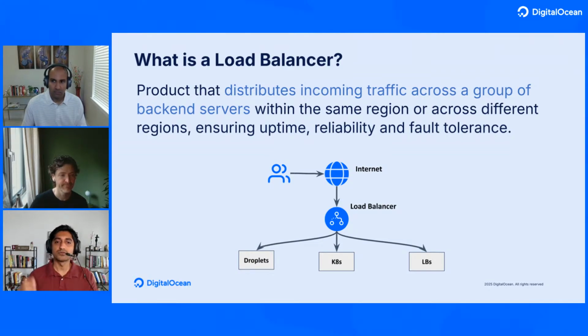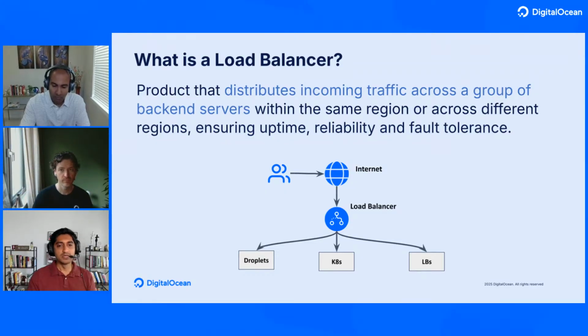The load balancer is going to solve that problem by distributing incoming traffic across your backend servers. Those servers can be droplets, that is VMs, or Kubernetes clusters, or even another load balancer if it is fronted by a global load balancer, as you see in the diagram.